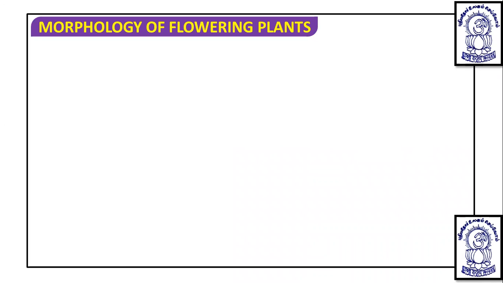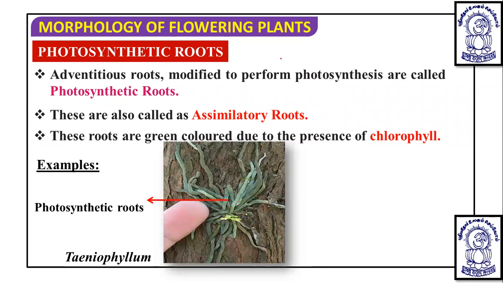Apart from this, other examples that we see in the case of photosynthetic roots are Trapa and Tinospora.